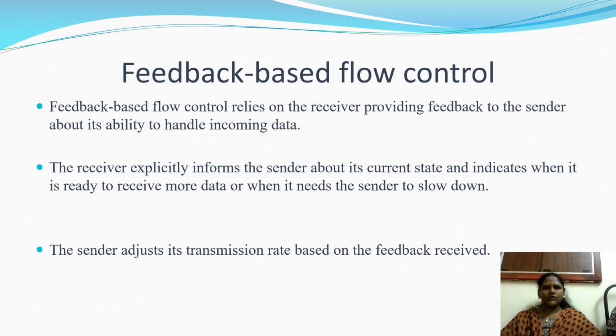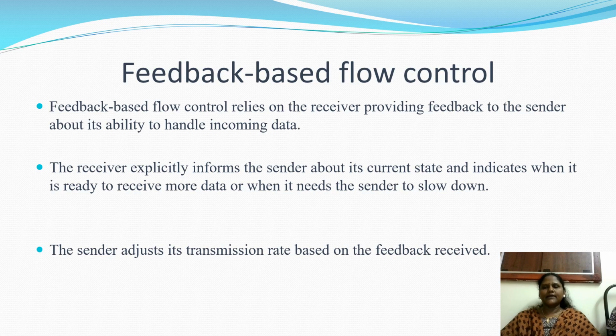The feedback-based flow control technique relies on the receiver. The receiver is going to provide feedback to the sender about its ability to handle incoming data. Based on the feedback of the receiver, the sender is going to decide how many packets can be transmitted to the receiver. The receiver explicitly informs the sender about its current state, and indicates when it is ready to receive more data, or when it needs the sender to slow down.